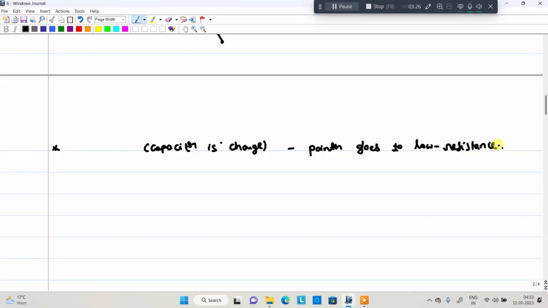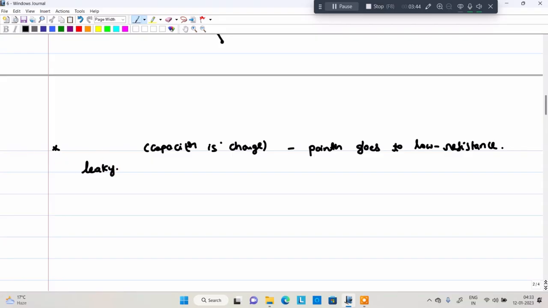Okay, that is the indication. Then it goes up. When it goes up, the reading is less than the normal value. So there is some leakage in the capacitor. So all of you got this particular point.